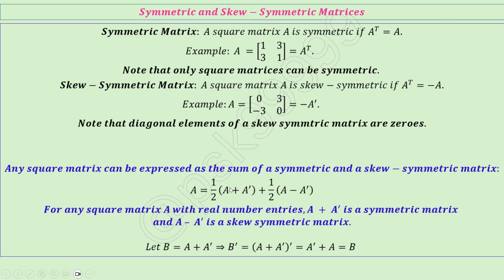And the important point to note is A plus A dash is a symmetric matrix. If you want to convert a matrix into its symmetric matrix, you should do A plus A dash. And A minus A dash is a skew symmetric matrix. So now I am expressing A as the sum of a symmetric matrix and a skew symmetric matrix. This is the important point here.